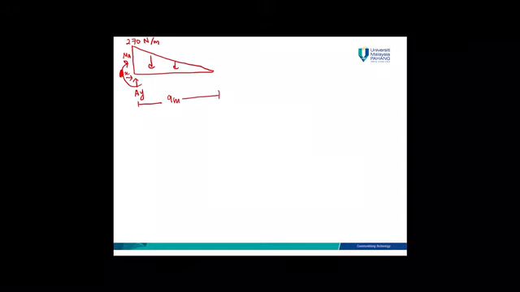Now use equilibrium equation to solve the support reaction. Summation moment at A is equal to 0. Clockwise is positive. Why I take moment at A? Because more than one unknown. So remember how to solve the linear distributed load.